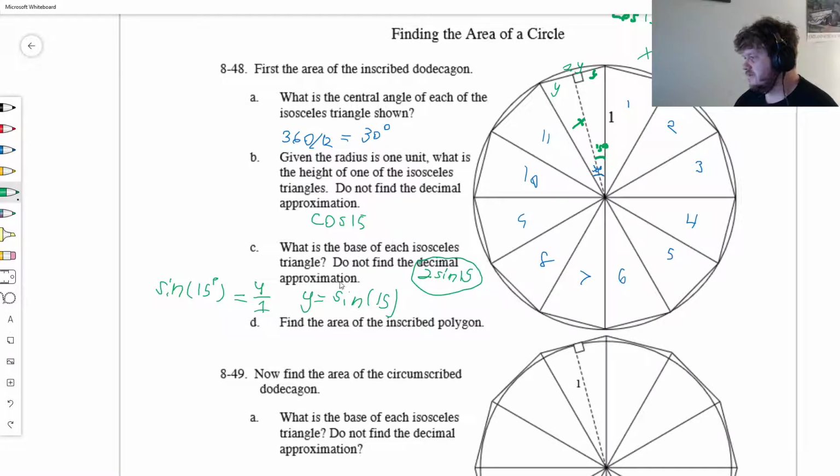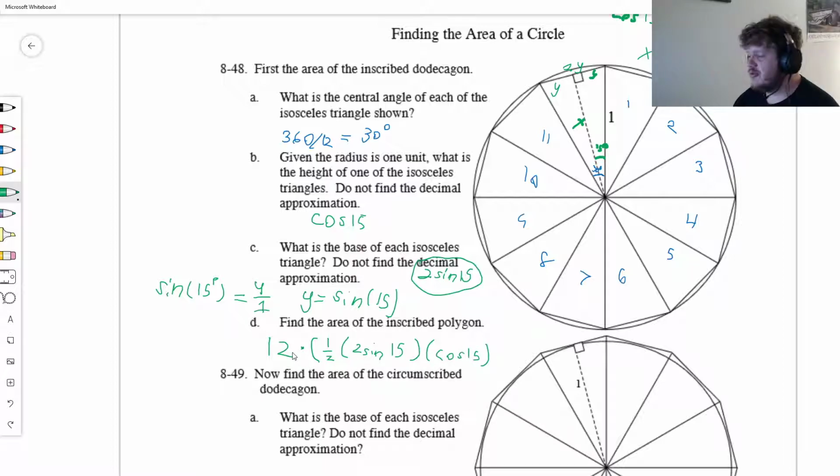So the area would be 12 times 1/2 times our base, which would be 2 sine 15, times our height, which would be cosine 15.